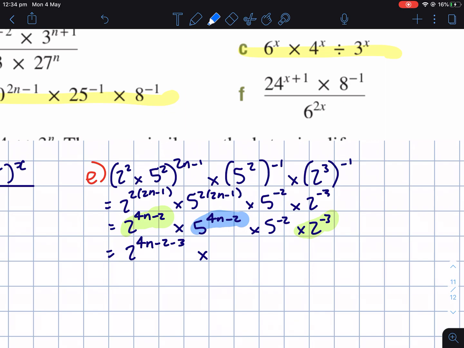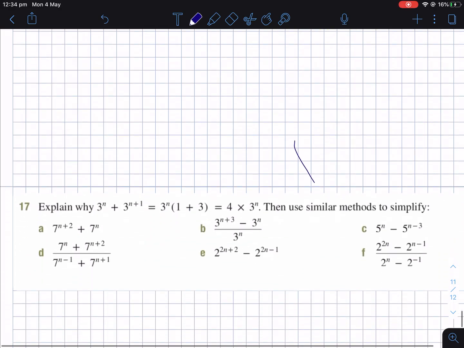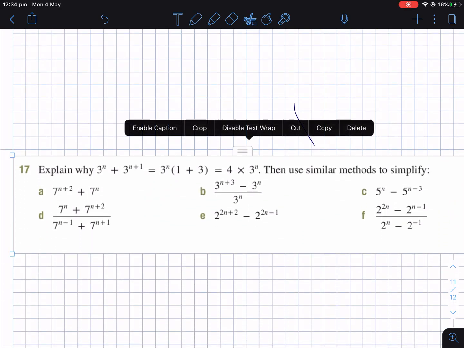This one's a 5, this one's a 5. 5 to the 4 take 2. Oh, so when I said take 3, that's plus minus 3. Plus negative 2. Okay, so we've got 2 to the 4 take 5, 5 to the 4 take 4. That's it. Next question.